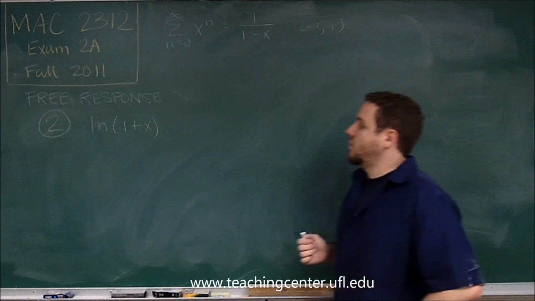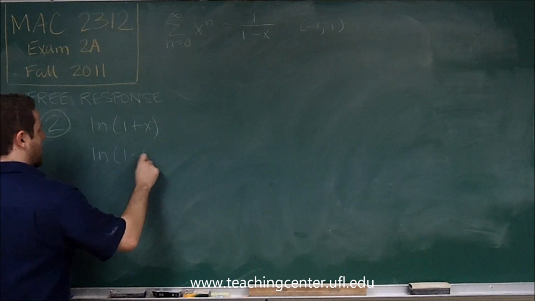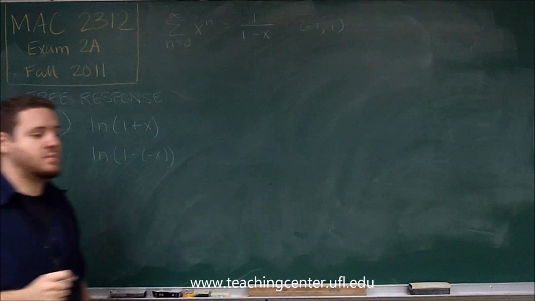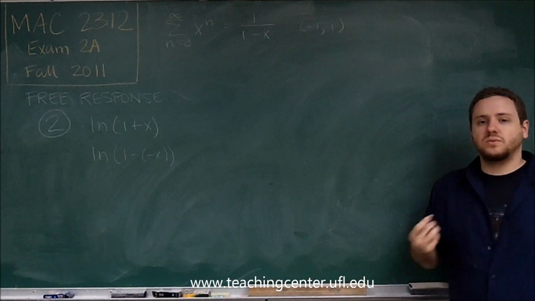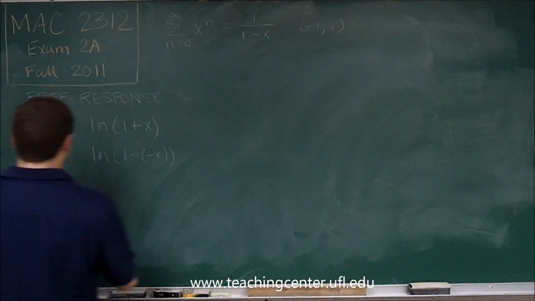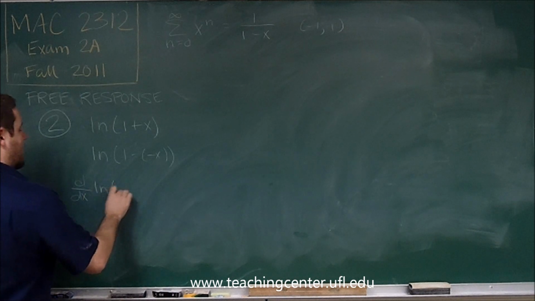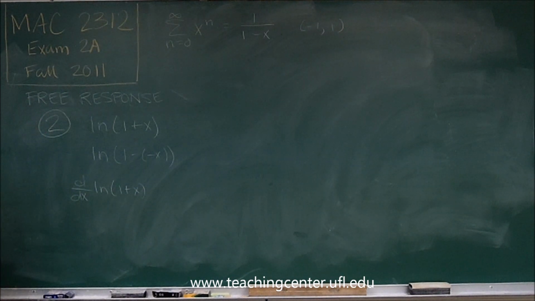So first of all, what we're going to want to do is see that you can write this instead as 1 minus -x. And then let's see what happens when you take the derivative of that. So when you take the derivative of ln of 1 plus x, again, when I do this, I'm going to be writing in this form just because that's easier to take the derivative of.